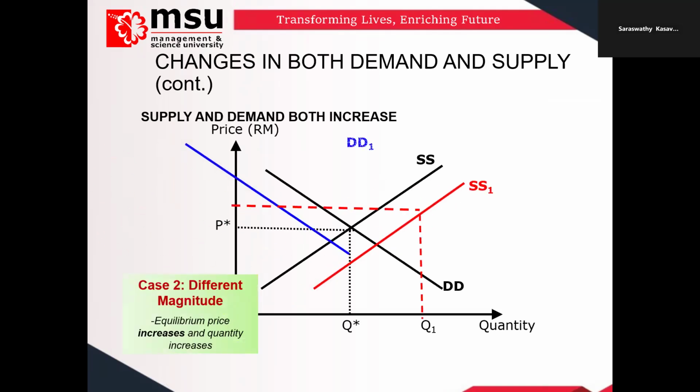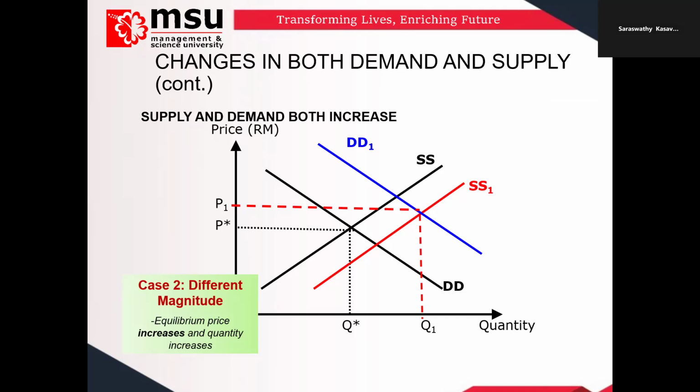This is the second case. Supply and demand both increase but by different magnitudes. Let's say the increase in demand is higher compared to the increase in supply. That is why the shift in demand is very large. Demand shifts from DD0 to DD1, and the supply curve shifts from SS0 to SS1.